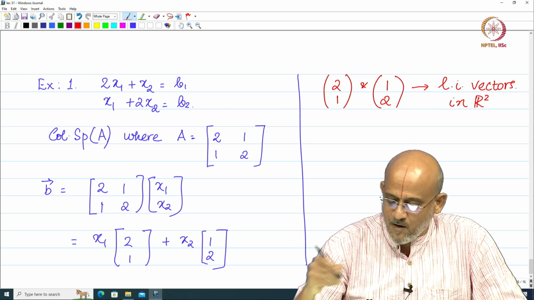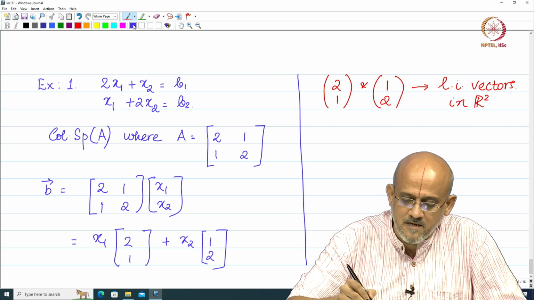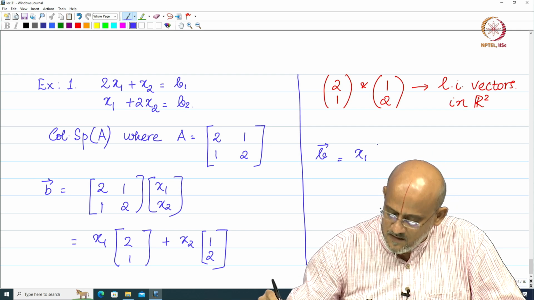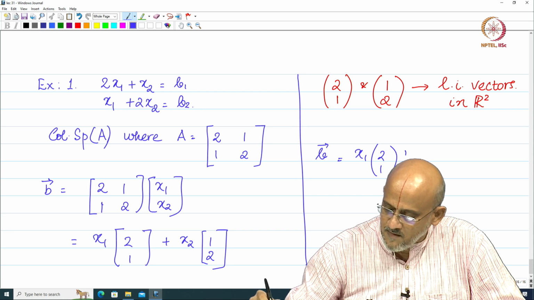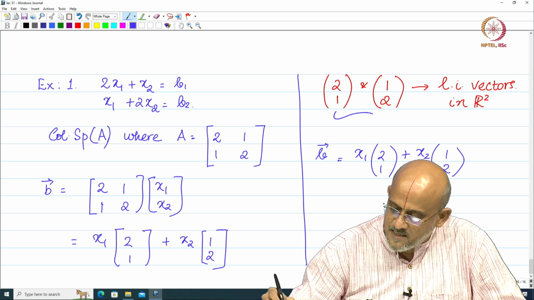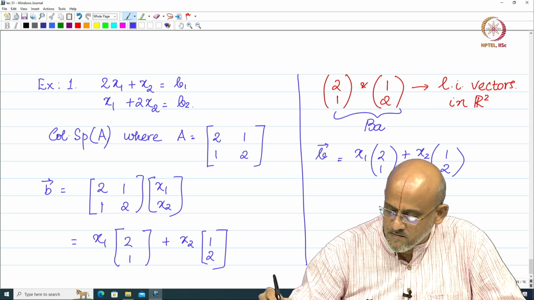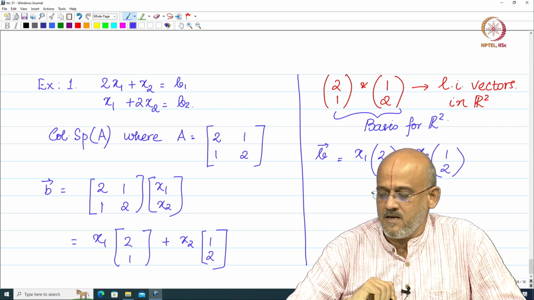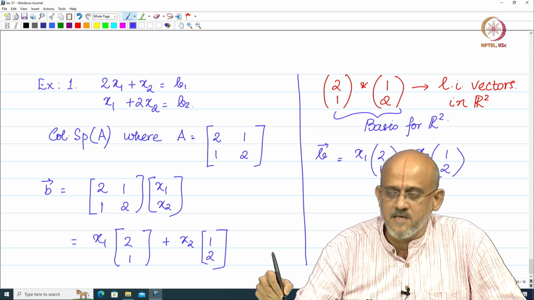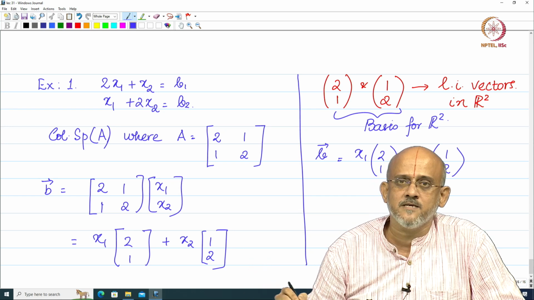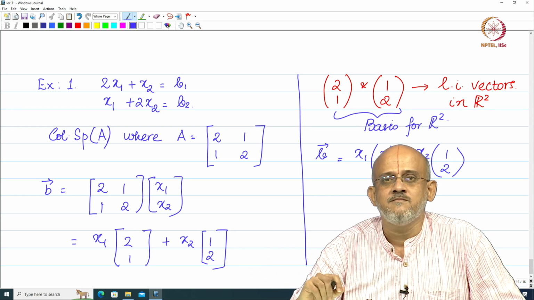If that is the case, now what are we looking for? We are looking for the set of all those b vectors which can be written as x1 times (2,1) plus x2 times (1,2), and we have already said this is a basis for R2. If these two vectors are the basis for R2, then the linear combination of these two vectors is going to give me the entire R2.